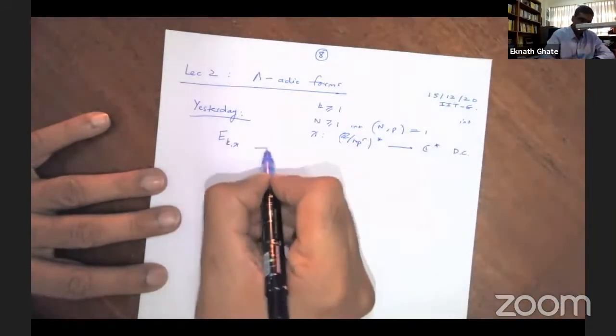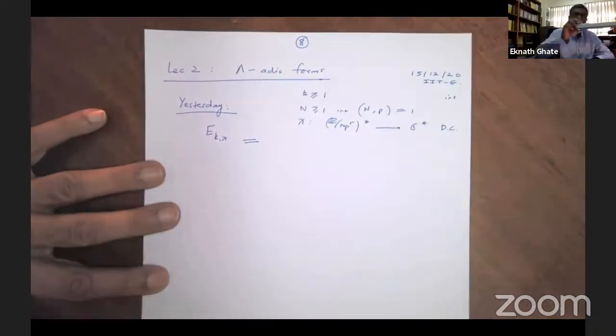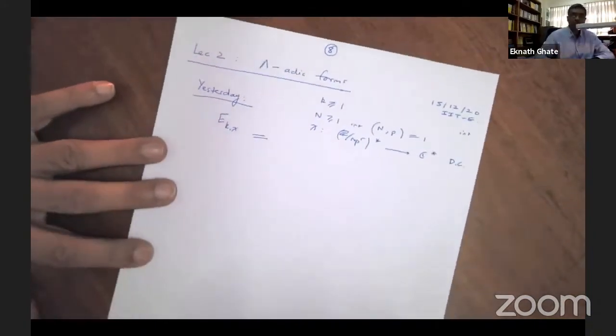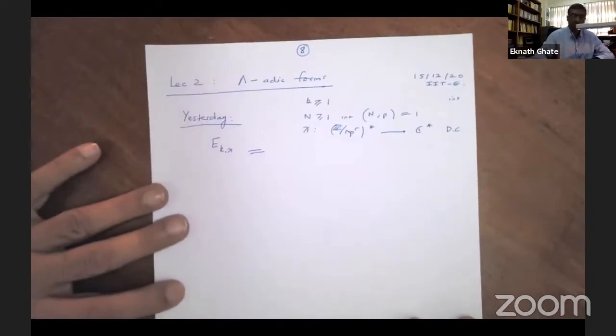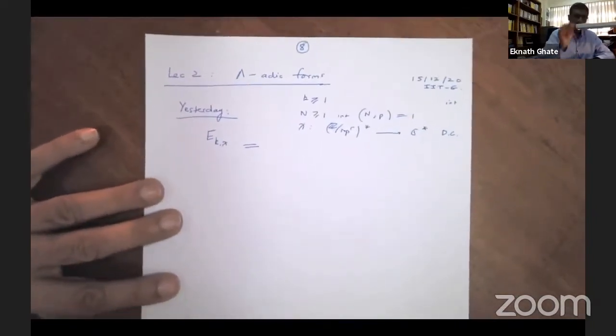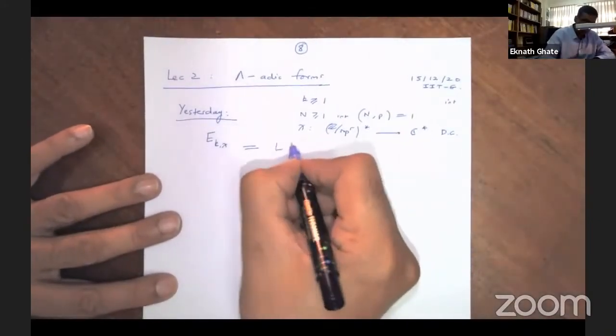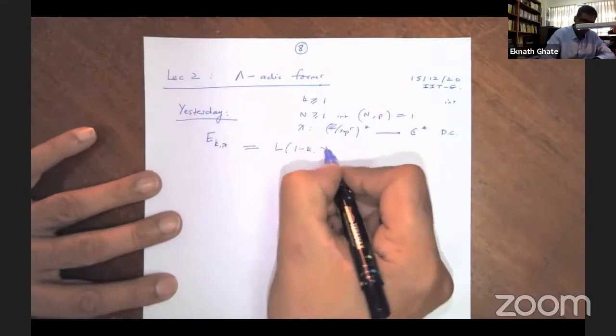So I defined this Eisenstein series E_k chi to be L(1 minus k, chi).